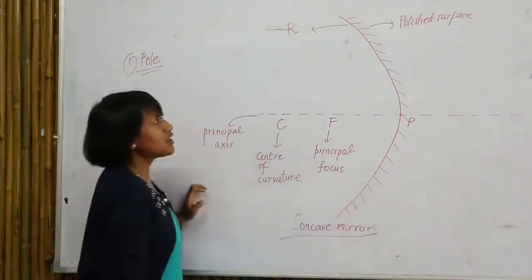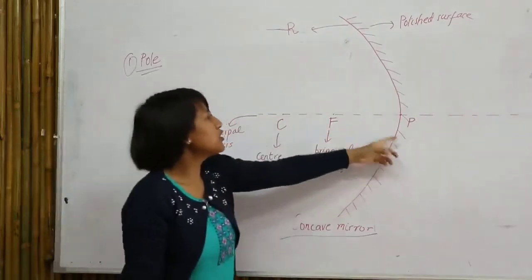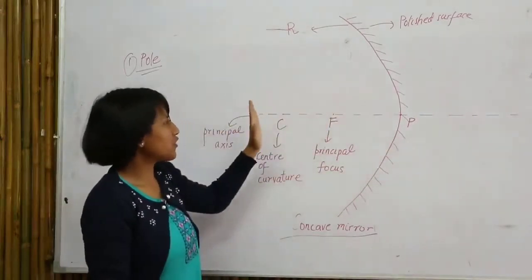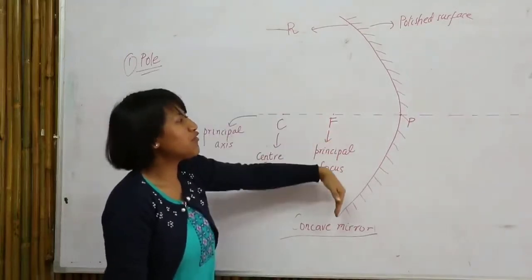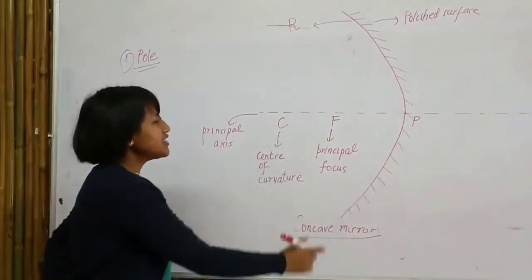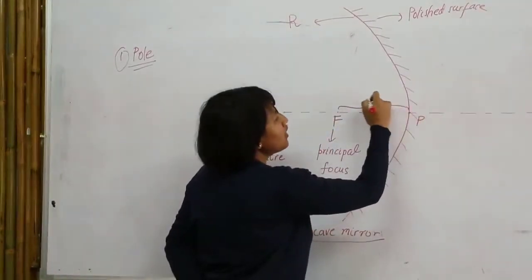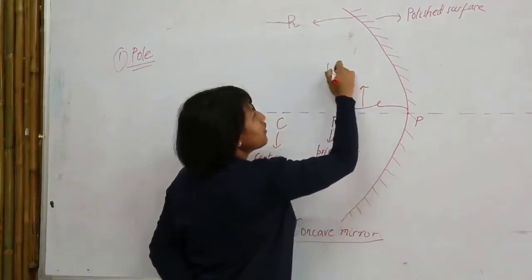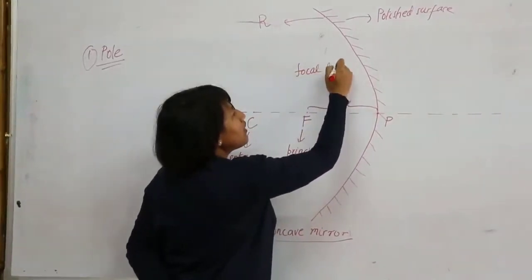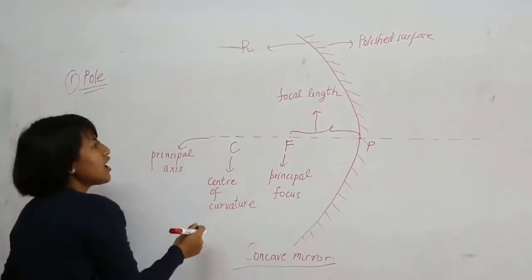So we have the pole, the principal axis, the center of curvature, and then the principal focus. And the distance between the focus and the pole, what is this called? The focal length.